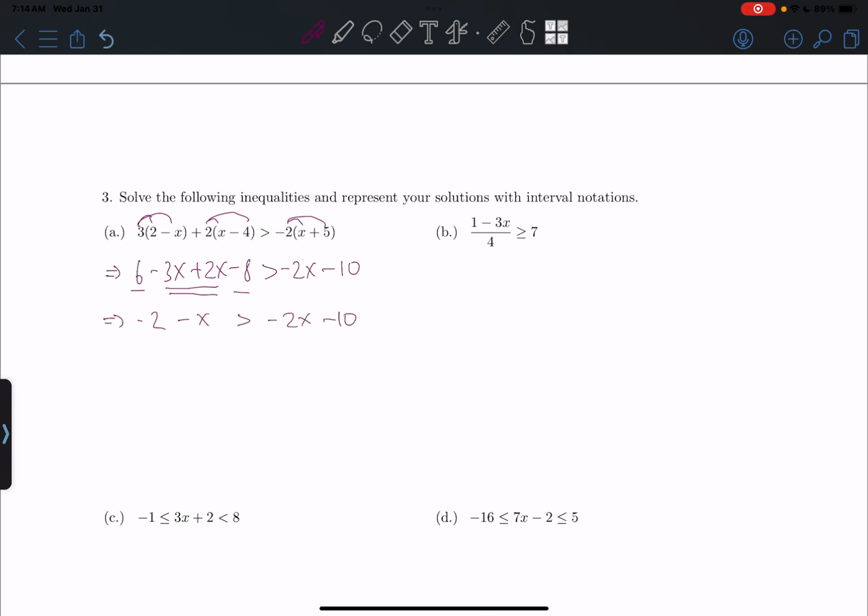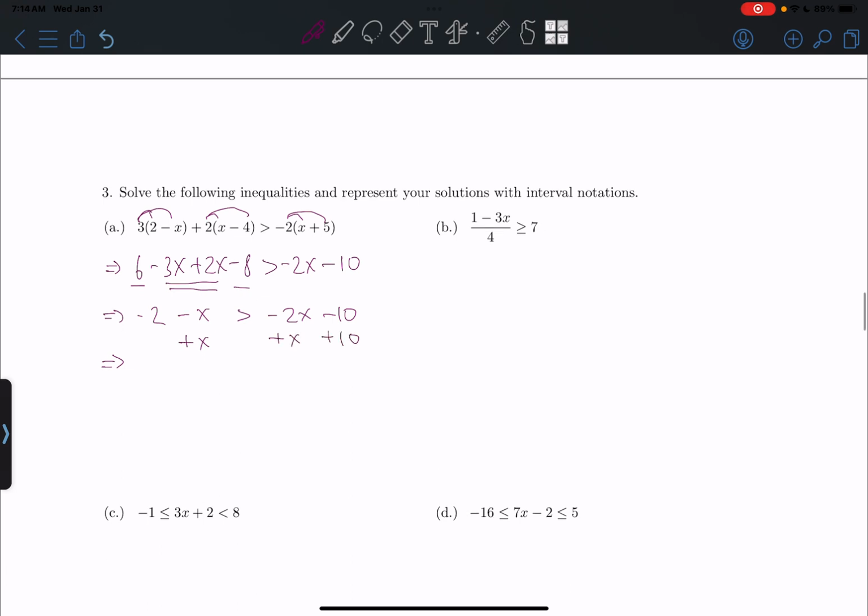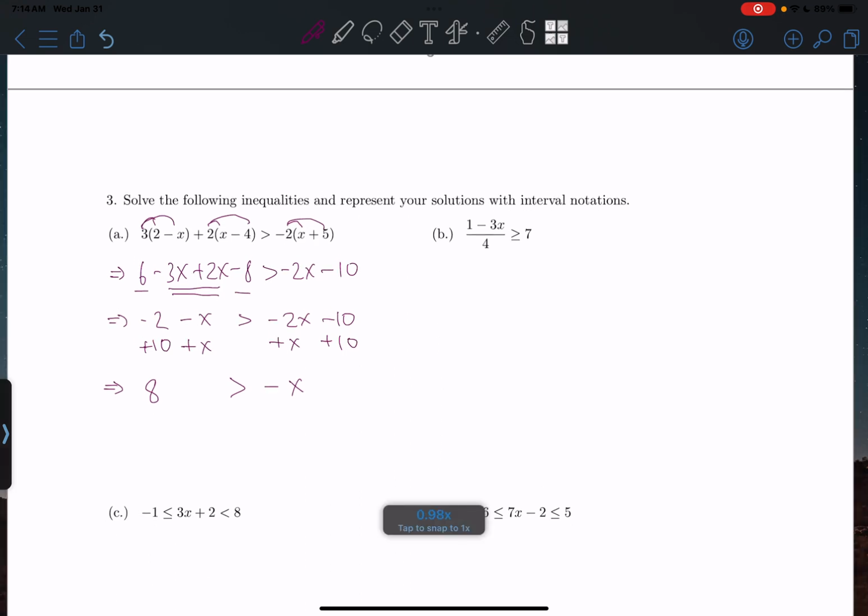Not changing the sign because I don't need to at this point. This step also doesn't require me to change the sign.